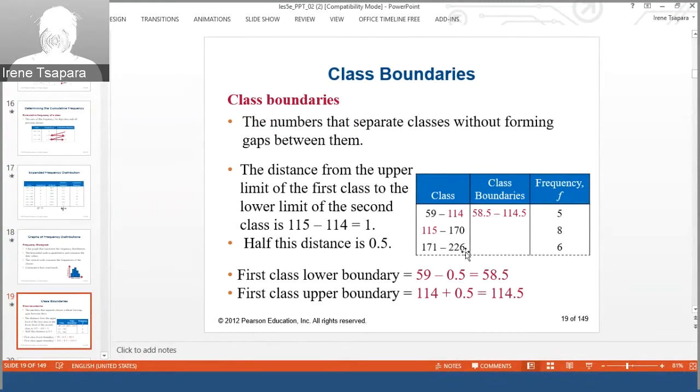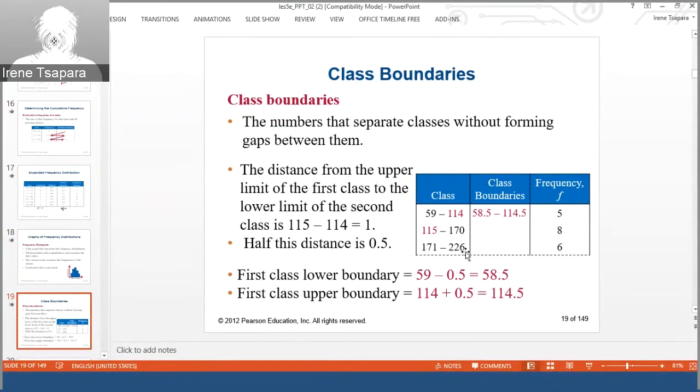Class boundaries. The numbers that separate the classes without forming gaps between them. What are the class boundaries? Well, the class boundaries are nothing else than the gap between the two classes. If I have a discrete variable right here, for example the GPS prices, the GPS prices are specific dollar amounts, 59, 114, 170, and so on.